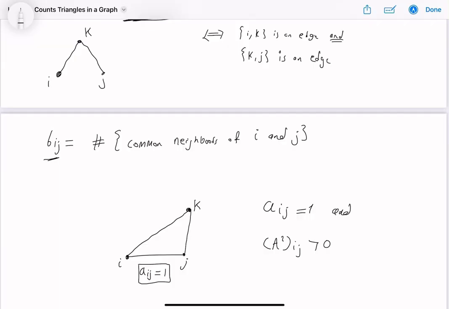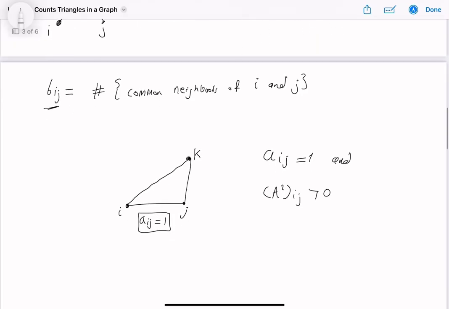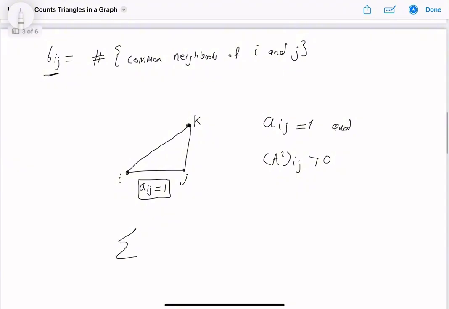Okay, so this idea can be used to count triangles because we can now do the following. We can simply sum Aij times Bij, and this will give us the overall count. However, we would have overcounted because every triangle has exactly 3 edges, so every triangle gets counted 3 times.